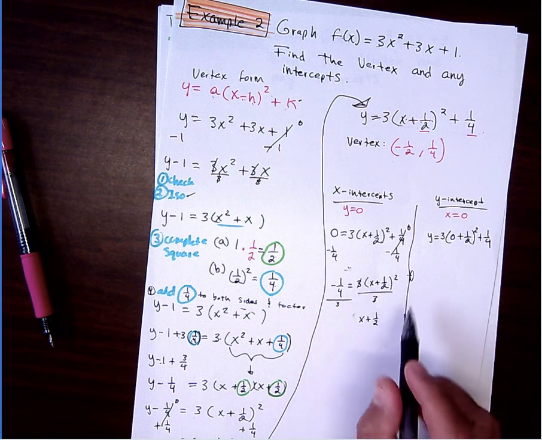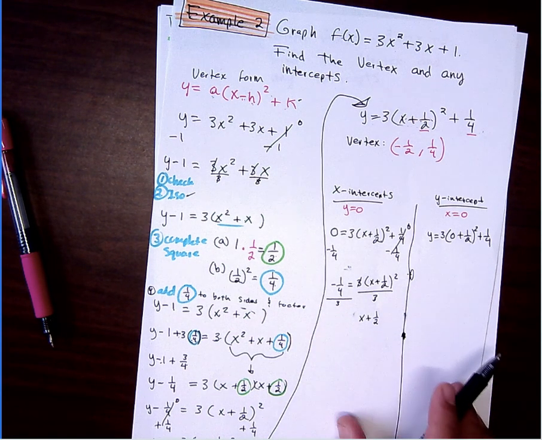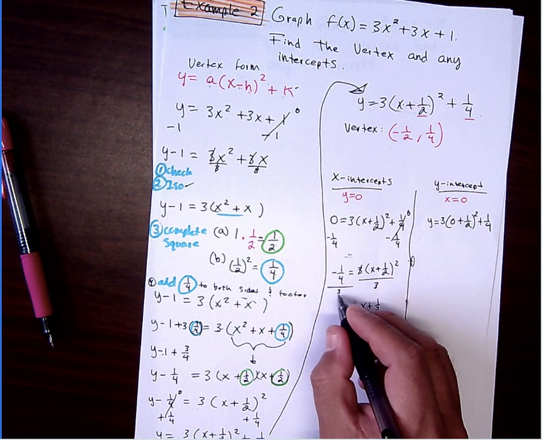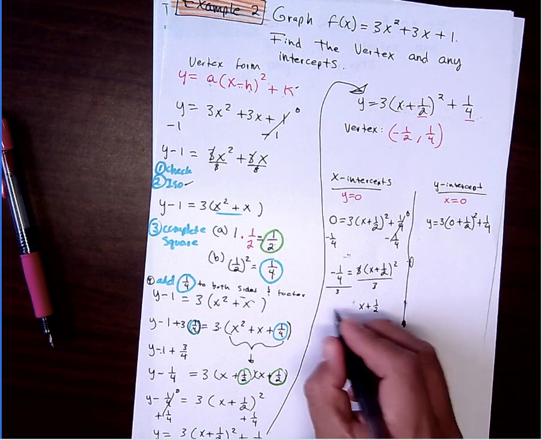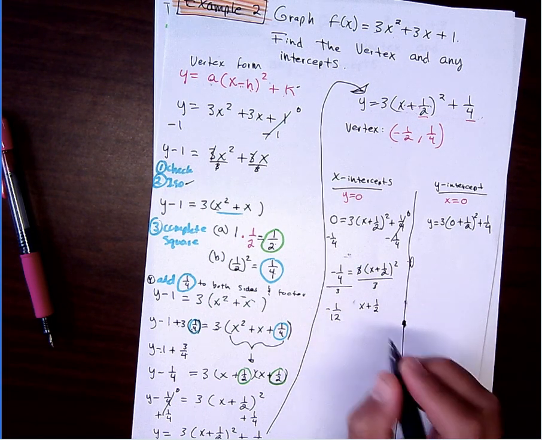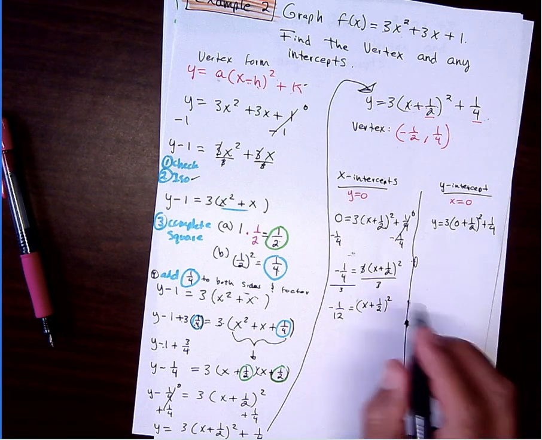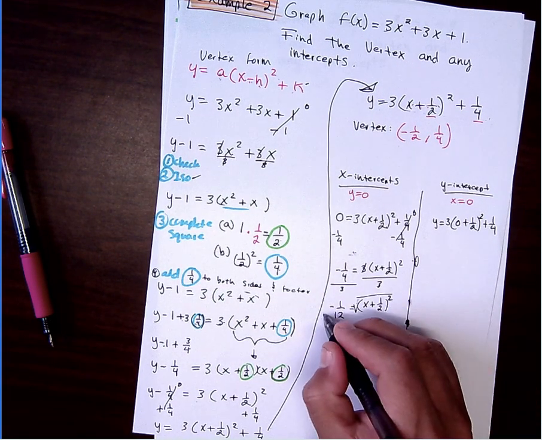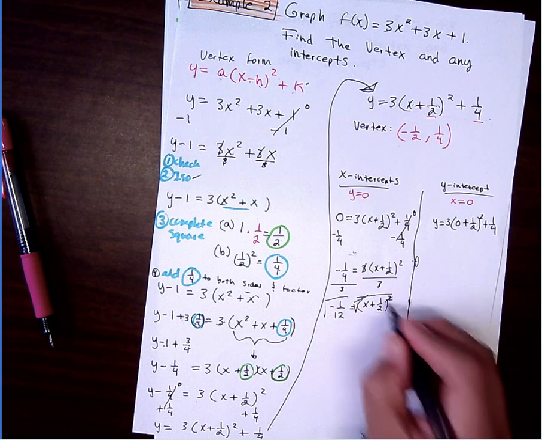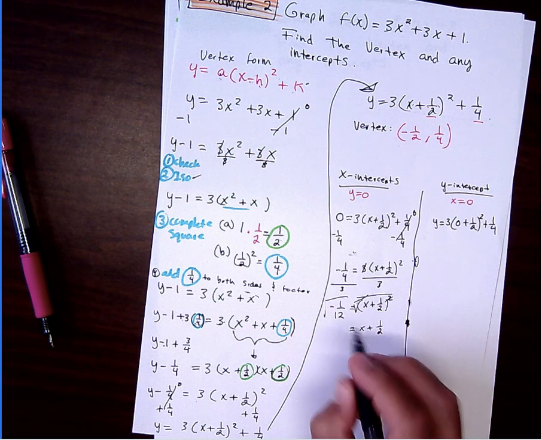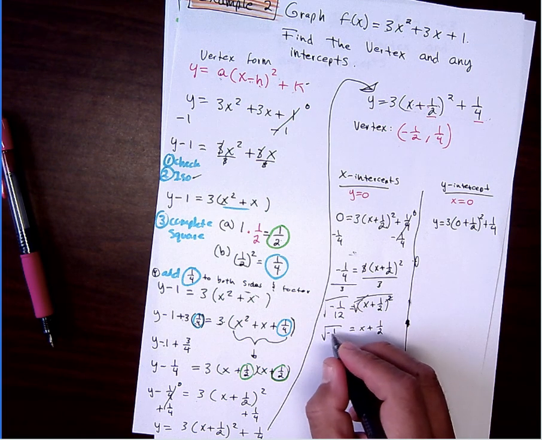So if we continue doing this, I know I might get an imaginary number. I can see it now. So this would be 3 times, so negative 1 over 12. And this one has a square. If I square it, that comes out and we got this. But we got the square root of a negative number.